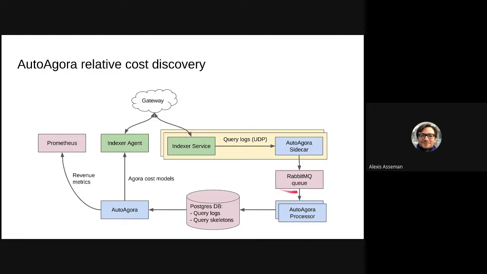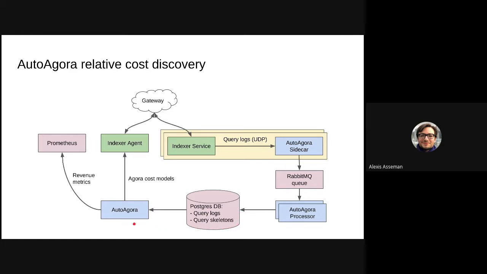These unprocessed query lines go through the AutoAgora processor. What the processor does is that it unpacks the log lines, normalizes the queries, separates the queries into what we call a query skeleton, or also a query shape, and the variables. And we store all of these logs into a Postgres DB.